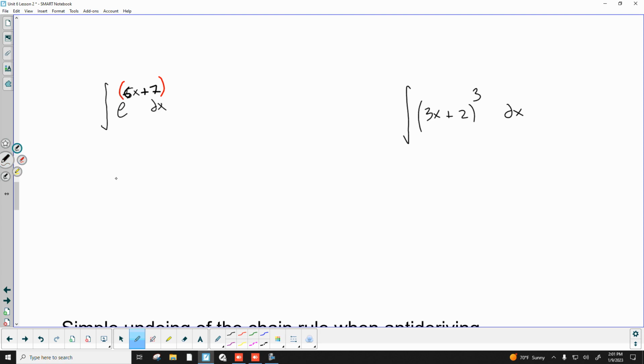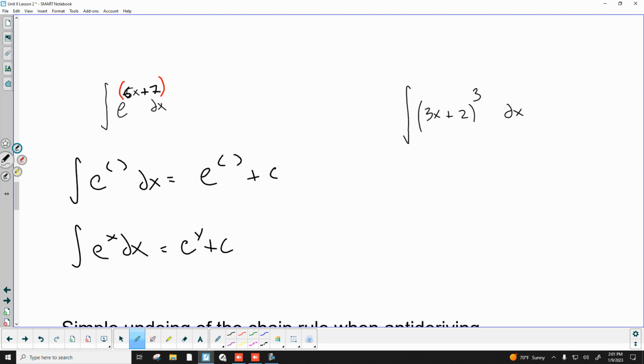All right, maybe start with this. Maybe you're not sure what to do. Maybe you haven't figured it out. Start with the antiderivative of e to the parentheses, right? Just like the antiderivative of e to the x is e to the x. What's the antiderivative of e to the parentheses? E to the parentheses. Is everybody following me here? You're taking the antiderivative of the outside first.